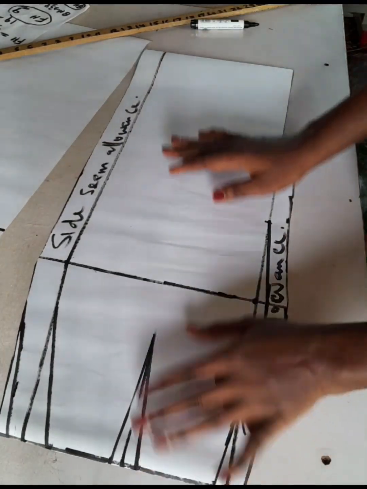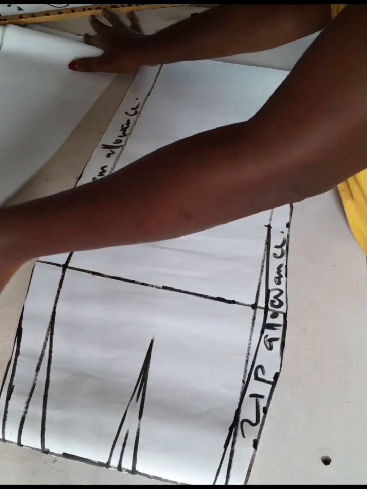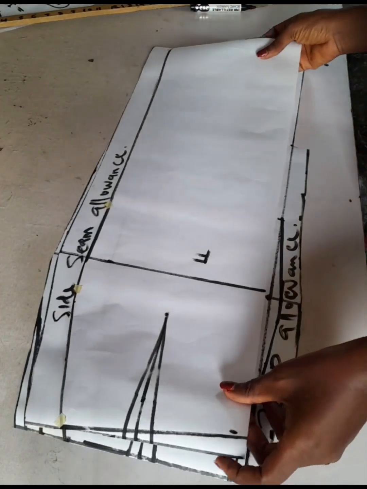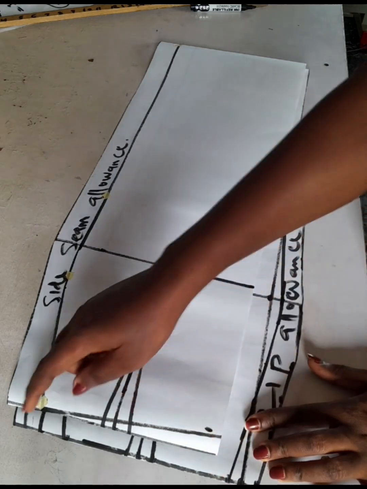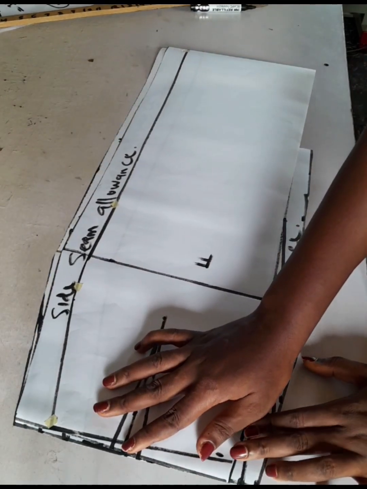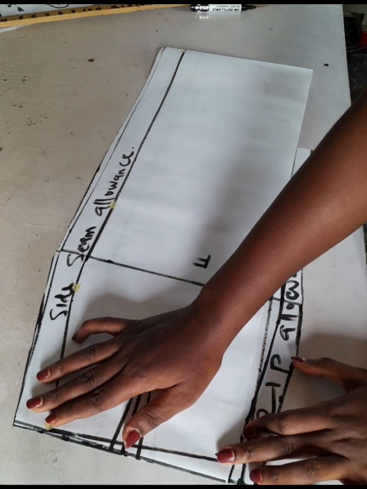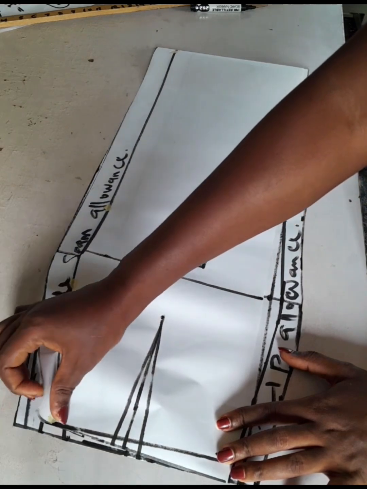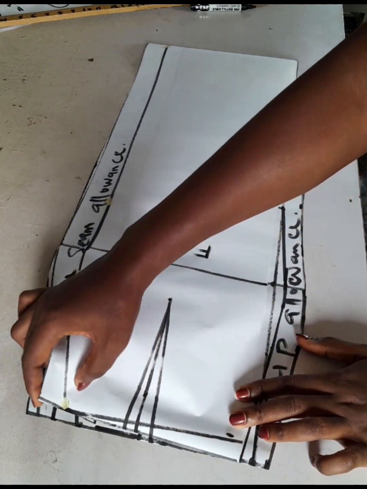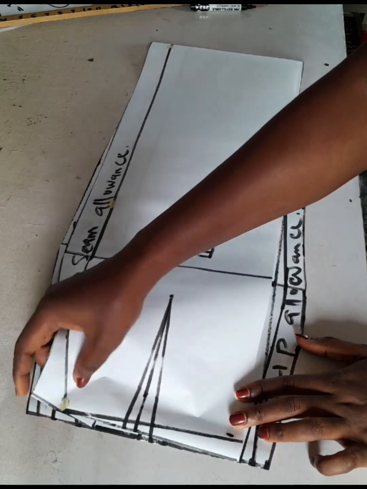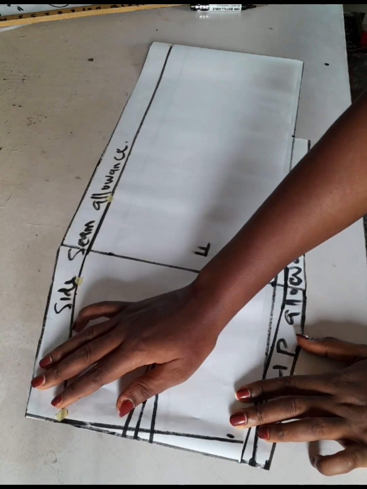So this is the back and this is the front. Now let me show you something. This is what I was talking about when I said I like to return the half inch here to the side. Now if you place the front on the back like this, you can see that everything is aligned at the side. If I did not do this, you will have a shortage at the side there. This one is going to stop here and it's not going to be fine.